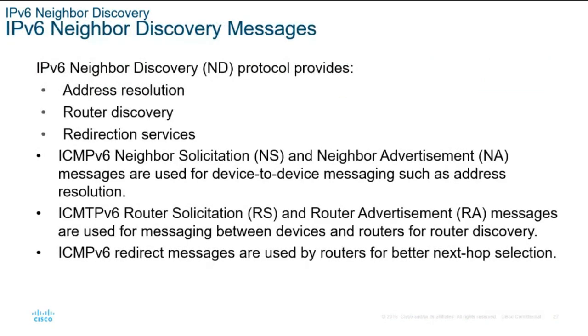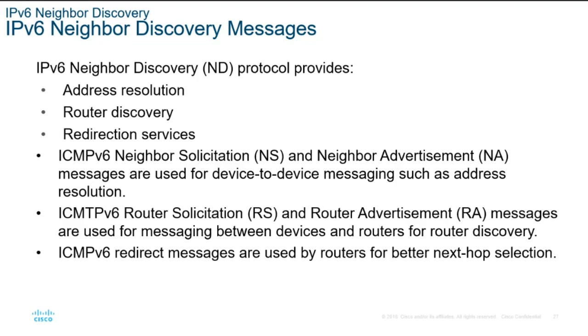IPv6 neighbor discovery, or ND protocol, provides address resolution, router discovery, and redirection services. The ICMPv6 neighbor solicitation (NS) and neighbor advertisement (NA) messages are used for device-to-device messaging such as address resolution.